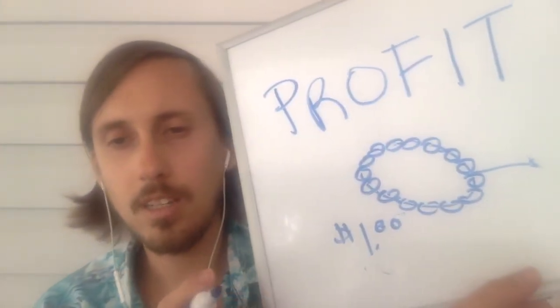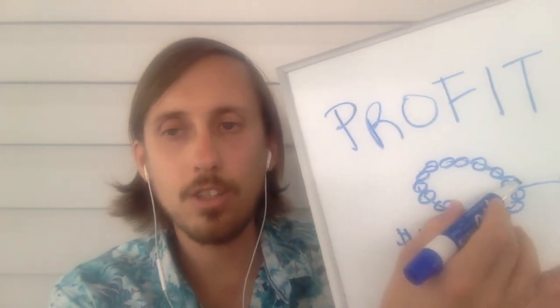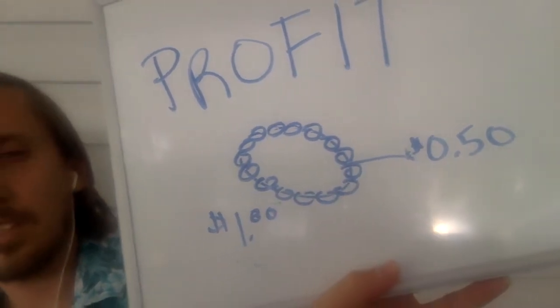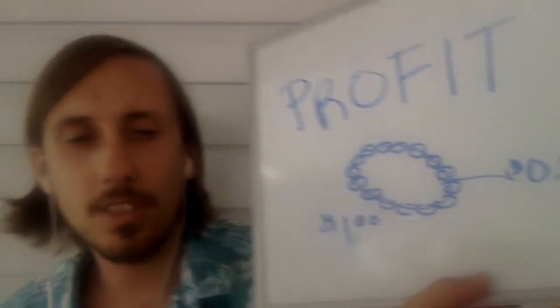Okay? Or another example, let's imagine again that the beads, the circles, cost, let's say, $1. And let's say that the thread, the string, cost 50 cents. Okay, about $1.50.